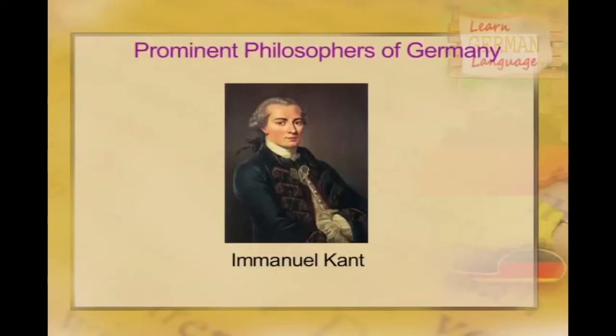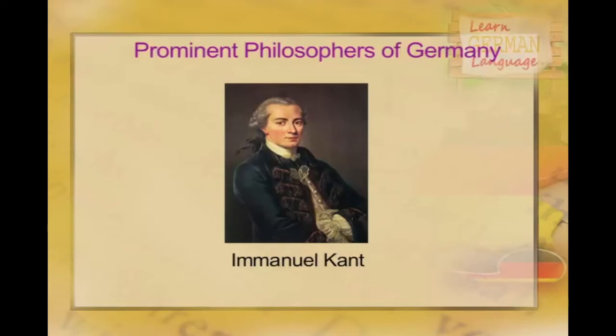Now, we have spoken about German literature. Let us look at some other important contributions from the field of philosophy. In German philosophy, there are figures like Immanuel Kant, who is still considered a very central figure in modern philosophy.